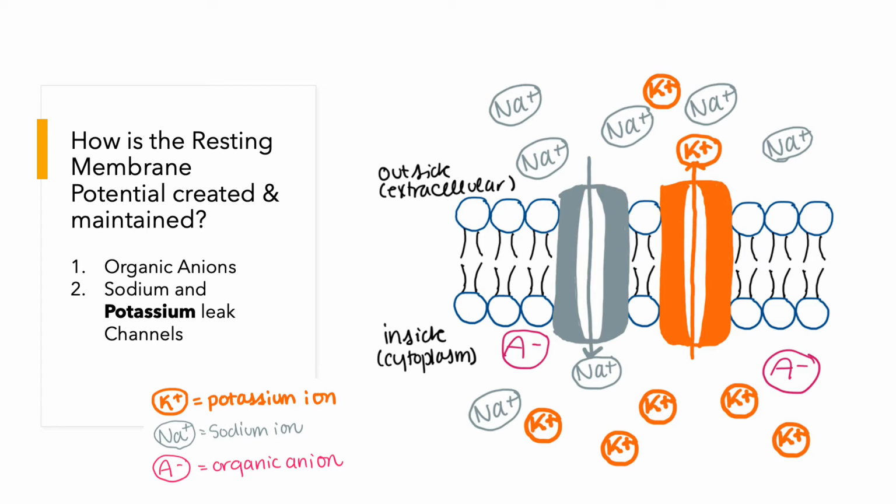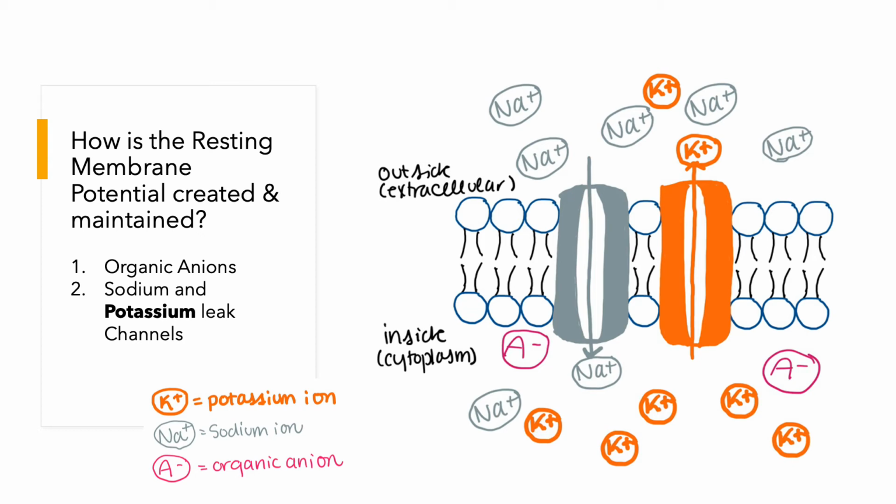In this diagram, we have one sodium channel and one potassium channel. There is more sodium on the outside of the cell compared to the inside. This means that sodium will tend to flow through the channel to the inside of the cell down its concentration gradient.